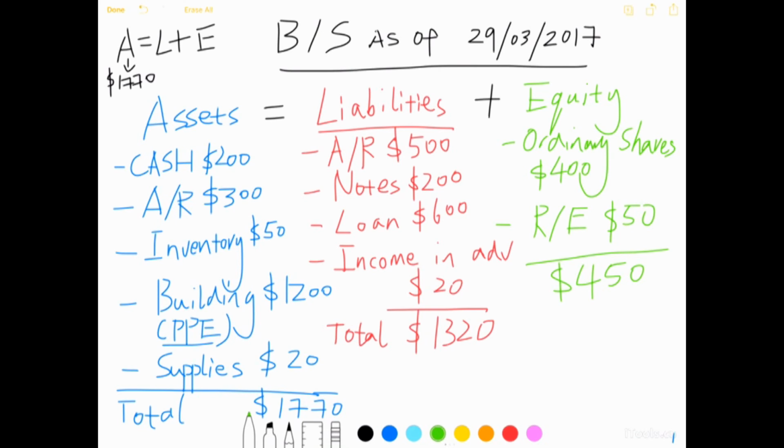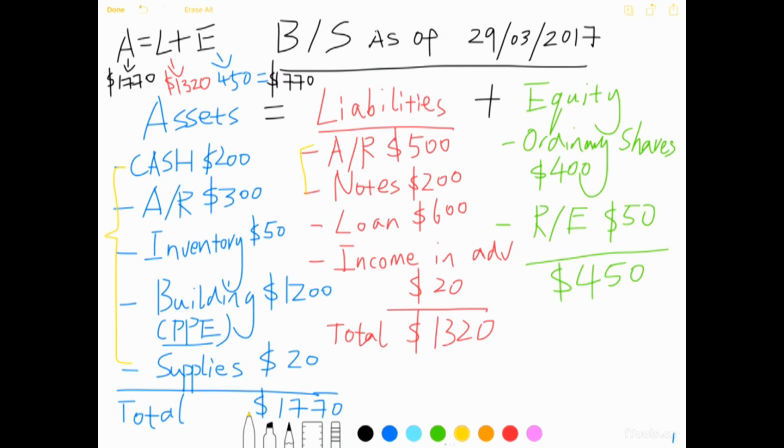One thing that you might notice is that it is balanced. From the left hand side of the equation, you can see that $1,770 of assets equals your liabilities, that is $1,320, plus your equity of $450. That is the most important thing for a balance sheet. When it's not balanced, you definitely did something wrong.